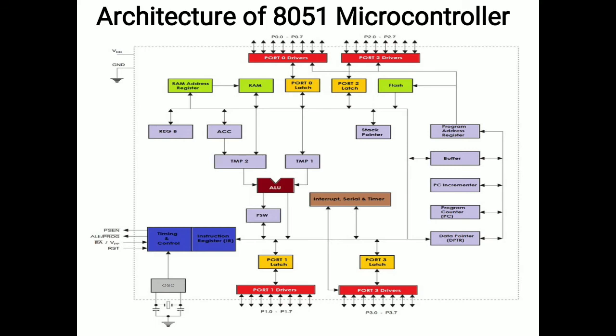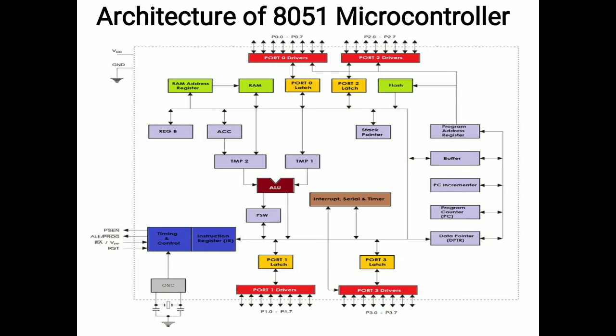As we have already seen, 8051 is an 8-bit microcontroller because the accumulator used for various operations has the capacity of 8 bits only. So due to the size of the accumulator being 8 bit, we consider that 8051 is an 8-bit microcontroller.